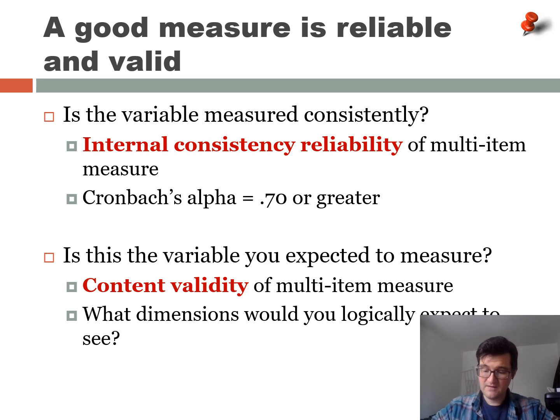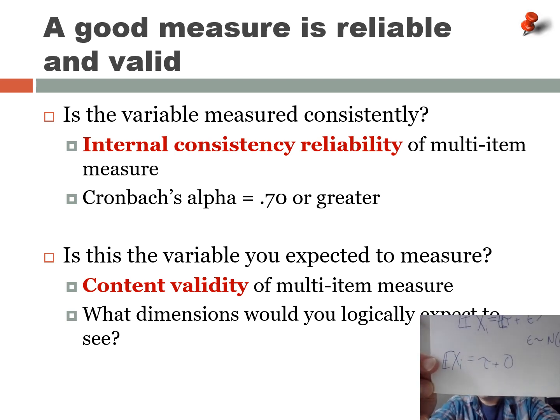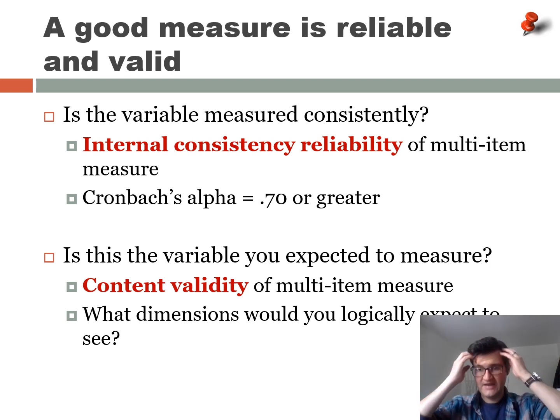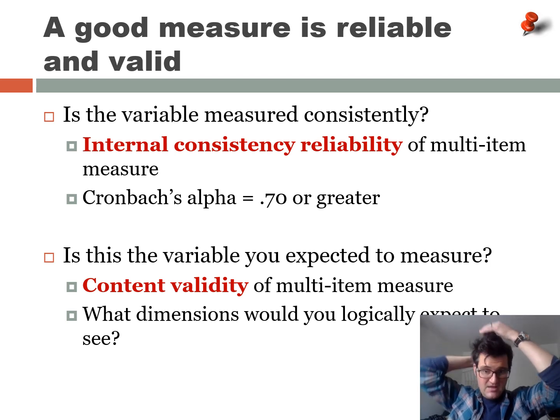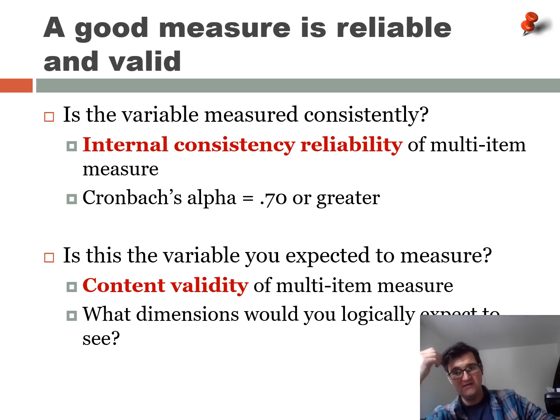So when we take the average across this whole thing, we get the expectation of X_i equals tau plus 0. So the expected score on any item, the average score that a person would get across administrations, is just the true score.